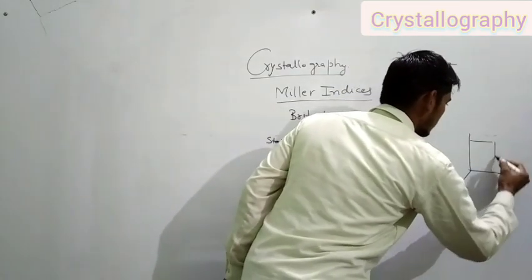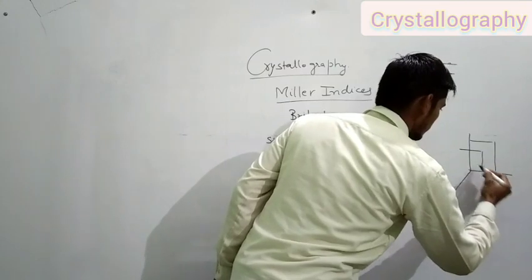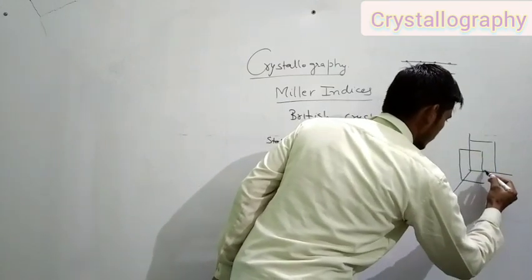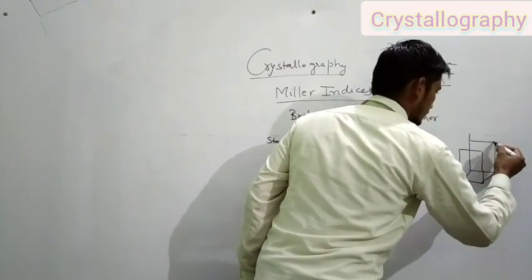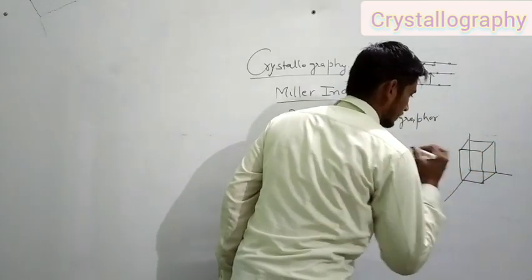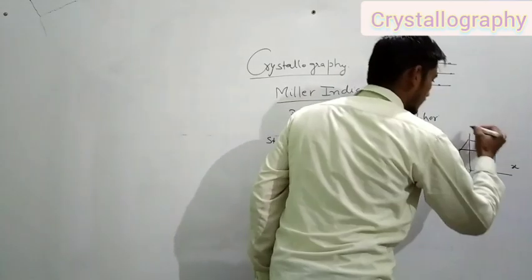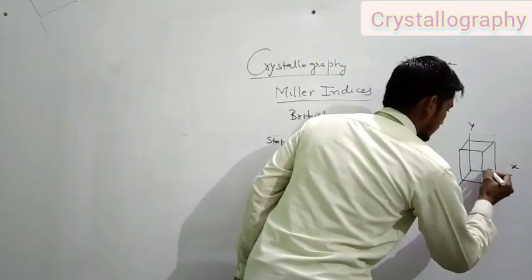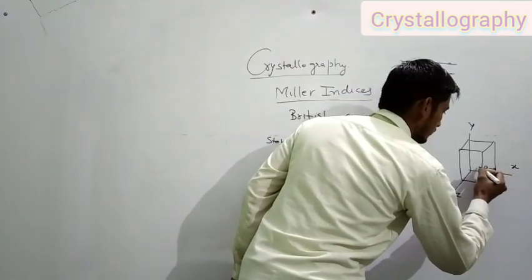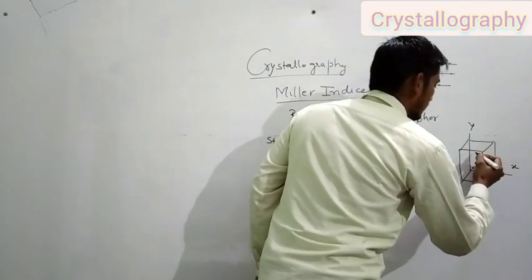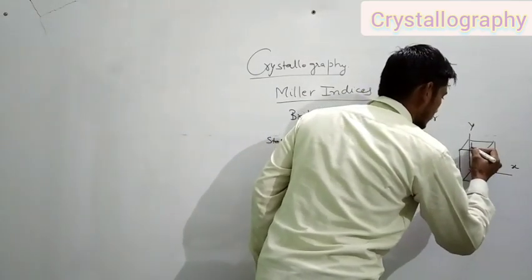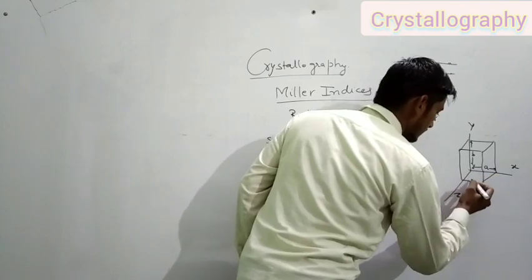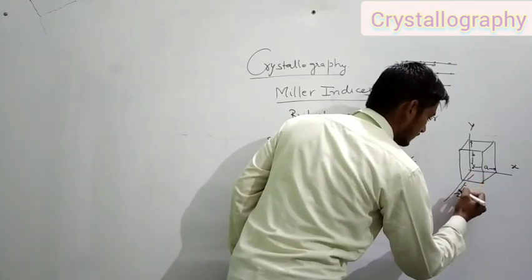If it is a cubic structure, this is the lattice parameter for the x-axis, this is the lattice parameter for the y-axis, and this is the lattice parameter for the z-axis.